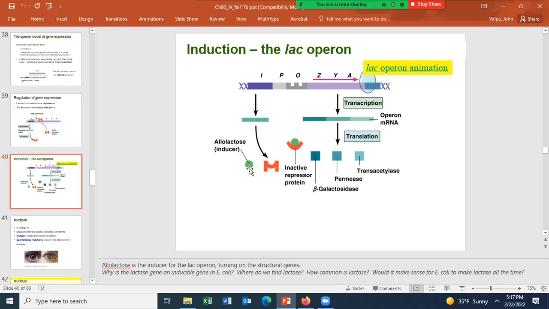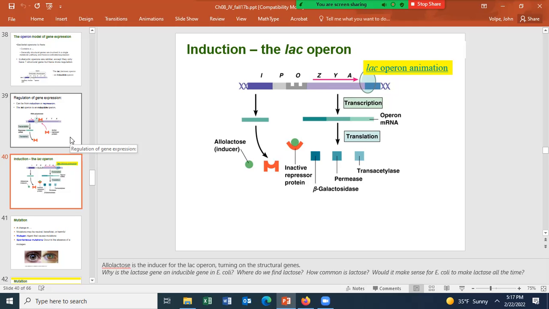And allolactose will bind to the repressor protein and inactivate it. And now the inactive repressor protein cannot bind to the operator of the lac operon. And then the gene gets turned on.